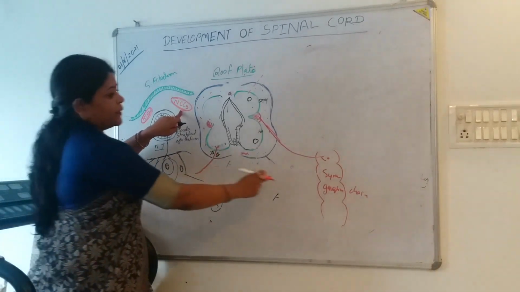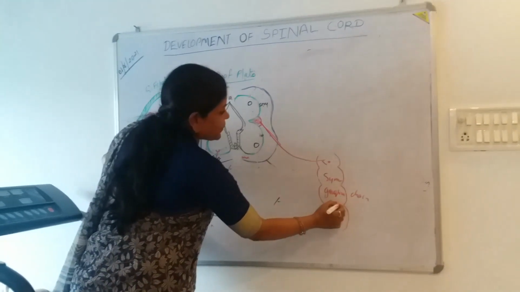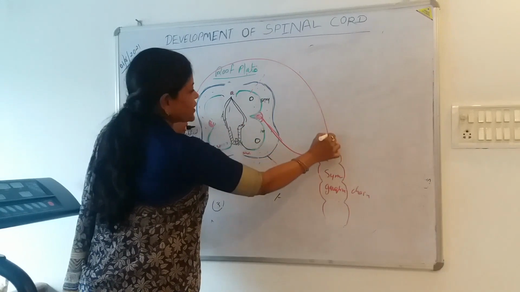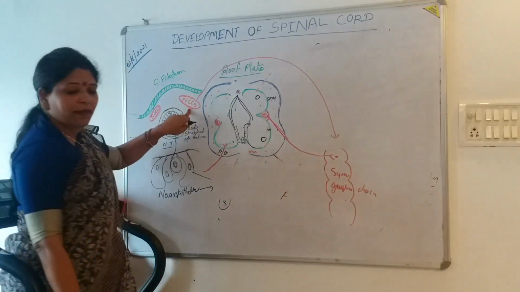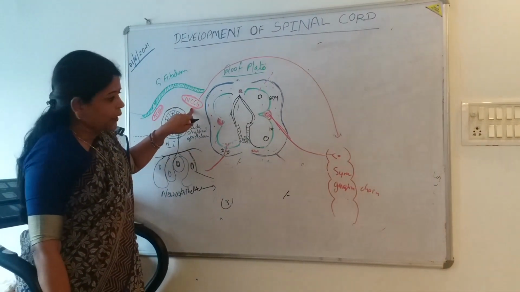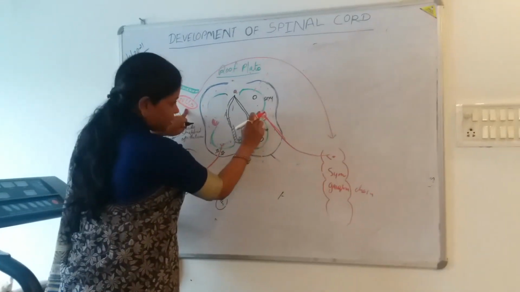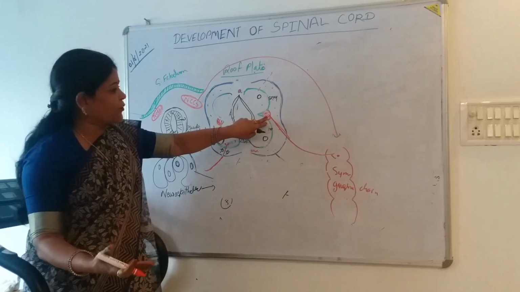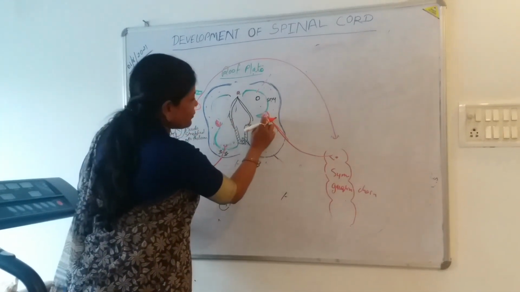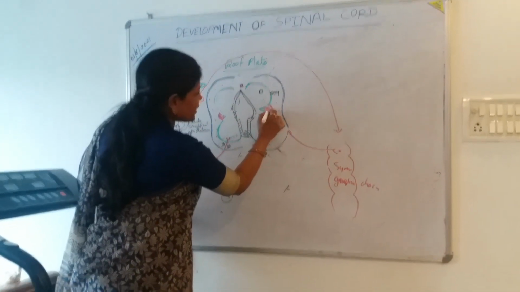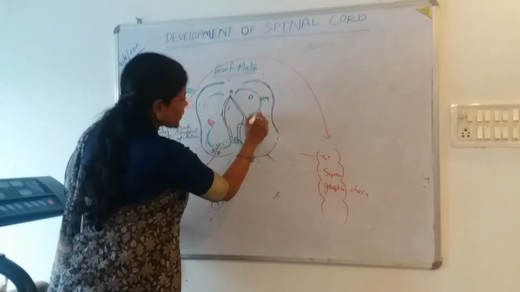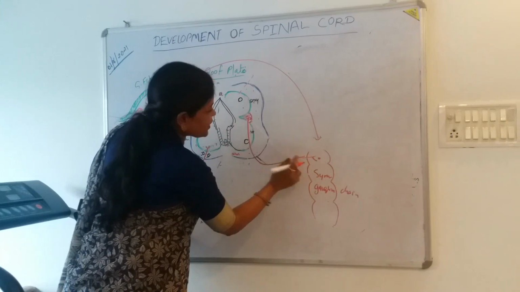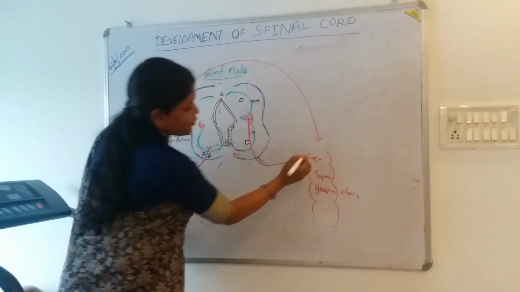So, this sympathetic chain, it is derived from which structure? The neural crest derivatives. Okay? And this intermediate horn is concerned with the sympathetic outflow. So, which fibers will it give? It gives the preganglionic sympathetic fibers, which relay in the sympathetic chain.